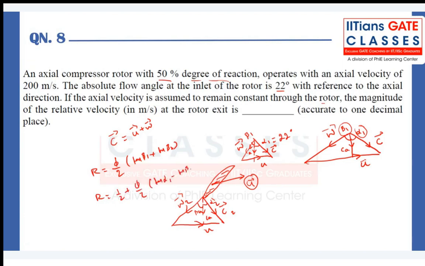So it's minus, I guess, yeah. For 50%, it is going to be 1/2. So 1/2 and 1/2 cancel, and I am left with alpha 1 equal to beta 2.